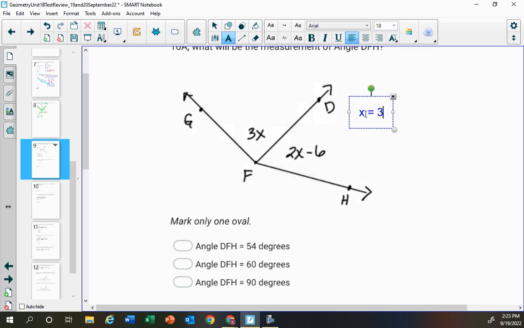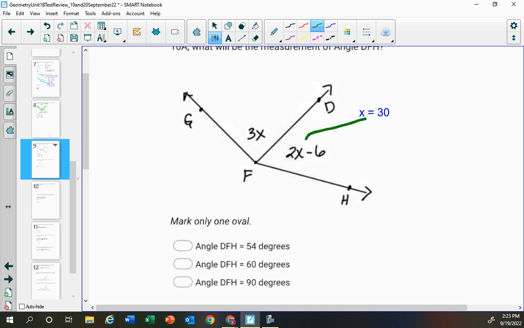x equals 30. So then 2 times 30, what's 2 times 30? Okay, you got the final answer.